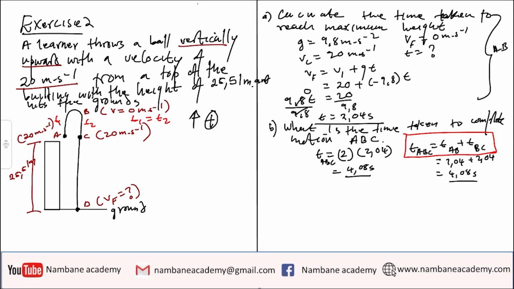And if we move, ladies and gentlemen, we want to say at number C, calculate the height above the ground. Where do we start, Bonolo? Calculate the height of the ball above the ground.